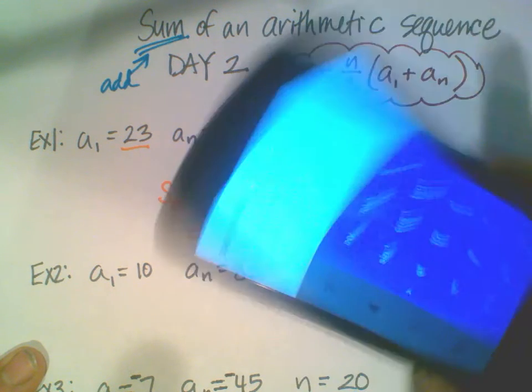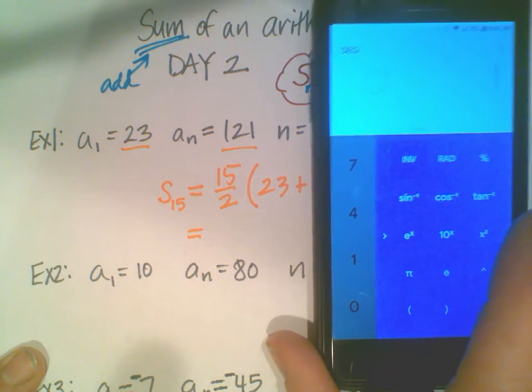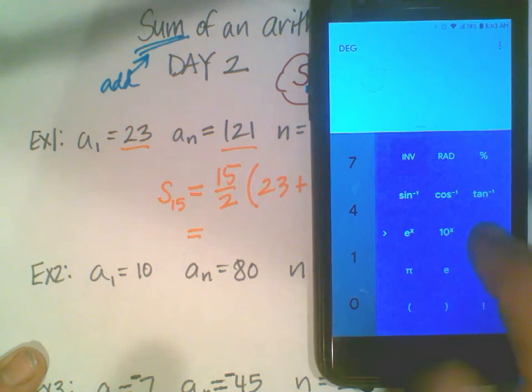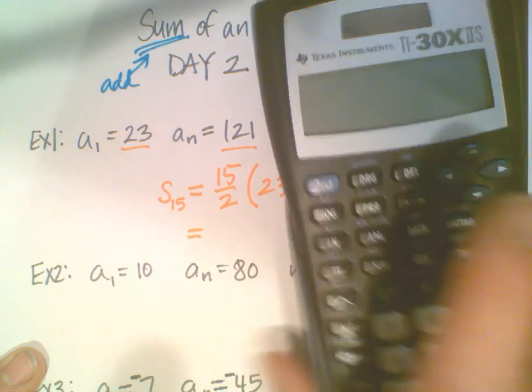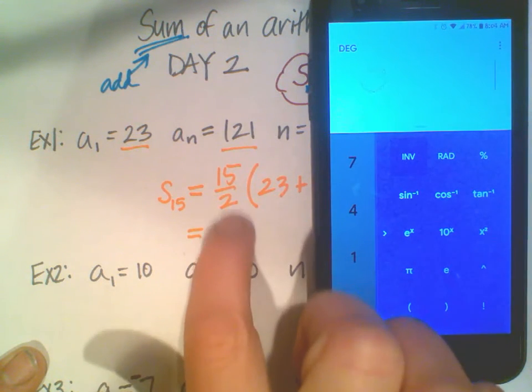Some of you just tip your phone sideways and then it flips to a more advanced scientific calculator. It just depends on what you have. If you have a regular calculator, which I have one of those too, the parentheses are on there that you're going to use. You don't need a fraction key to do this. We can just do division.